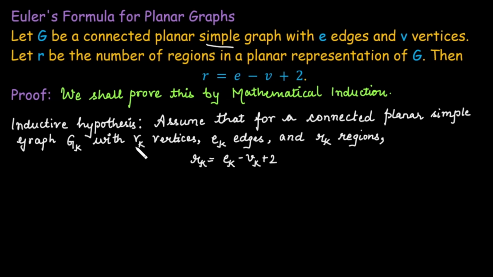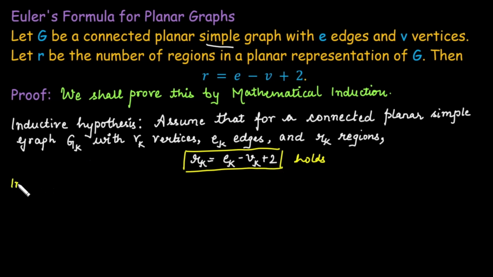But that count is represented by Vk, whereas the number of edges in that graph is represented by Ek, and the number of regions is represented by Rk. And we assume that this result holds, meaning the number of regions in the Gk graph is equal to the number of edges in that graph minus the number of vertices in the Gk graph plus 2.